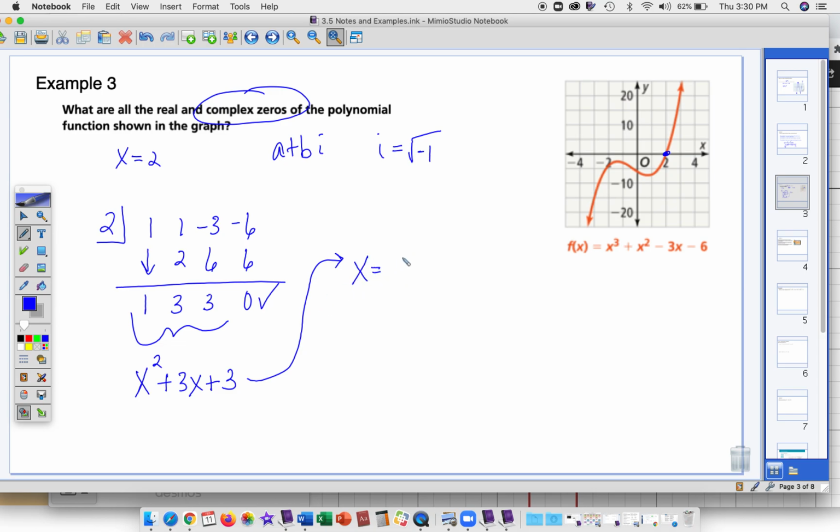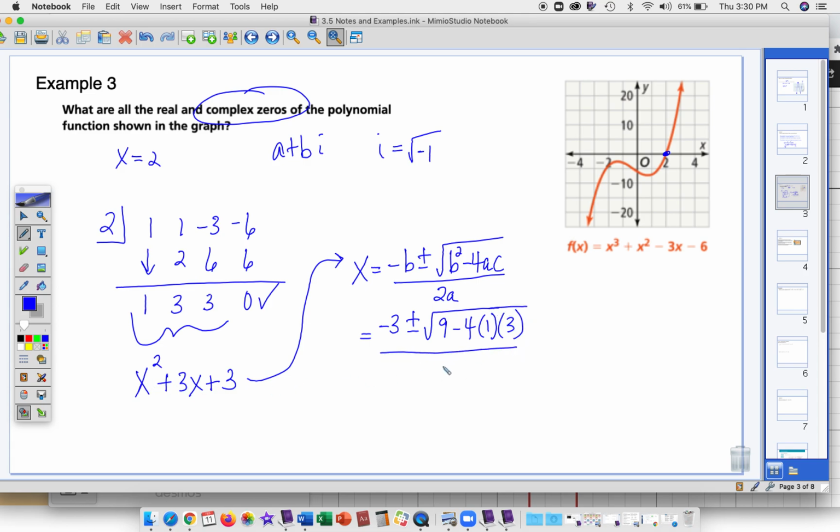So remember it's negative b. Let's write it out first. Negative b plus or minus the square root of b squared minus 4ac all over 2a. So negative b is negative 3 plus or minus the square root of b squared is 9 minus 4 times a times c, and that's all over 2a, which is just 2.